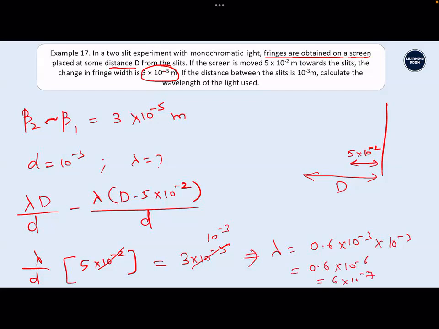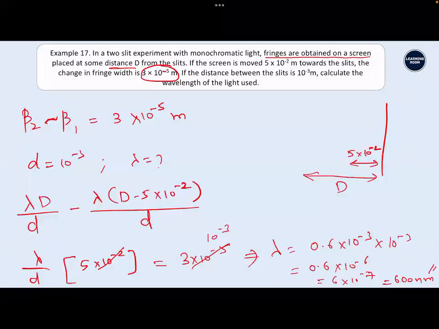It is actually 600 nanometer. 3/5 is 0.6. Everything else is a multiple of 10, so I just took it to the other side. Let me check if the answer is right. So 6000 is correct. 600 nanometer and 6000 angstrom, both are right.